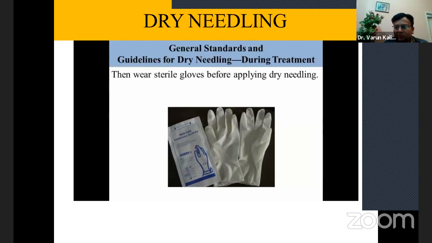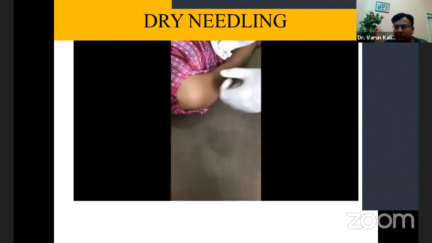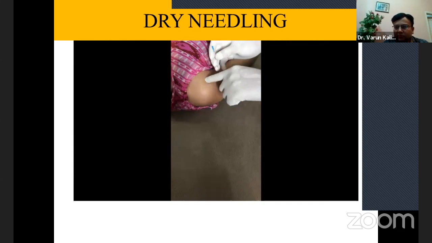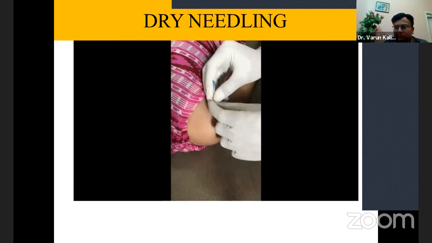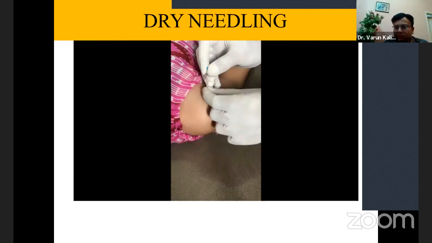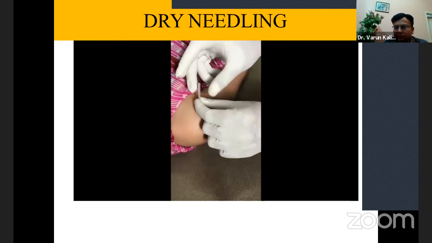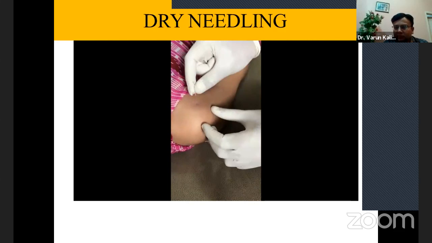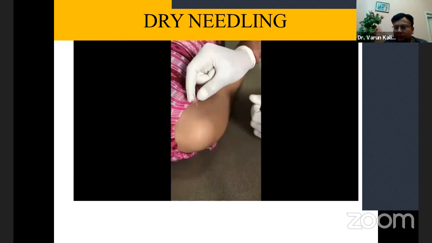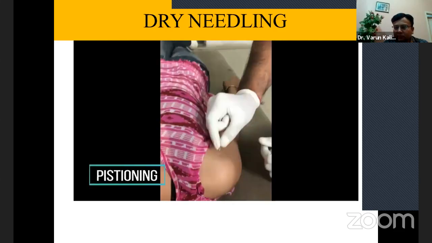First of all, dry needling for the anterior deltoid muscle. The patient is in supine lying position. Palpate the trigger points and place the dry needle with the guide tube over the trigger point area, then tap over the needle and remove the guide tube, and then insert the needle inside the trigger point muscle, and then do blistering to elicit the reflex.